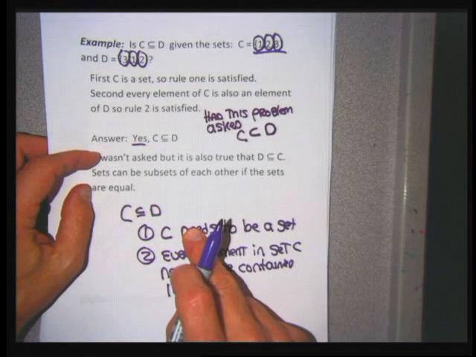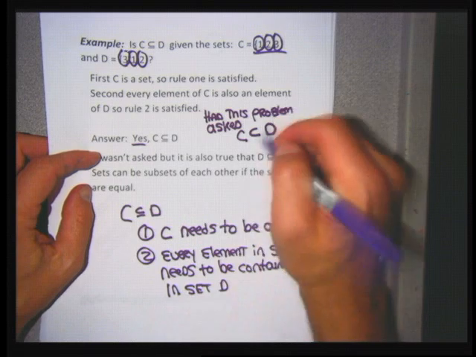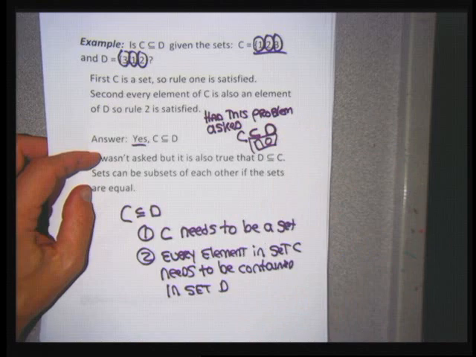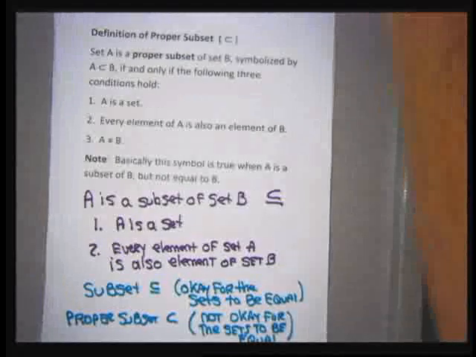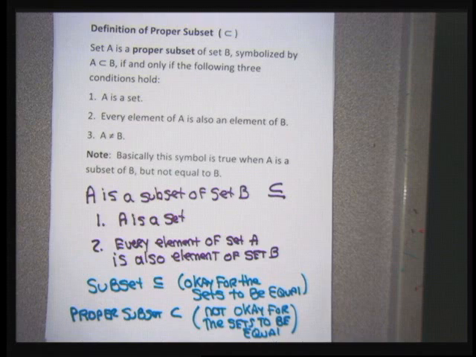C has to be a set, C has to be contained in D, but C can't be equal to D, and here I would have written no for my answer. It's a subset, but it's not a proper subset. When sets are equal to each other, they're subsets of each other, but they're not proper subsets of each other. And we'll get to do plenty of examples of proper subsets before we get into the homework, hopefully, so that it's not confusing.